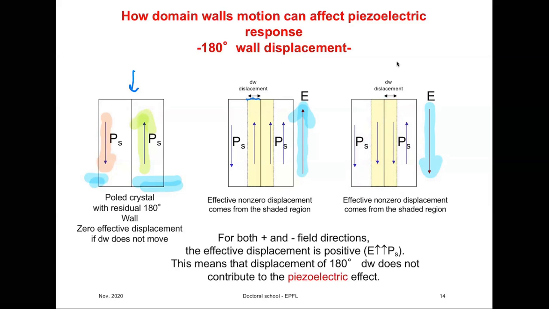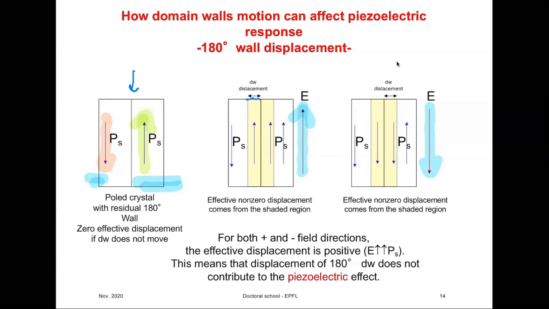But look what happens. In both cases, the final polarization and the field have the same direction. Nothing has changed. And you know what happens in a piezoelectric material: when we turn the field upside down, the sample goes from extension to contraction.